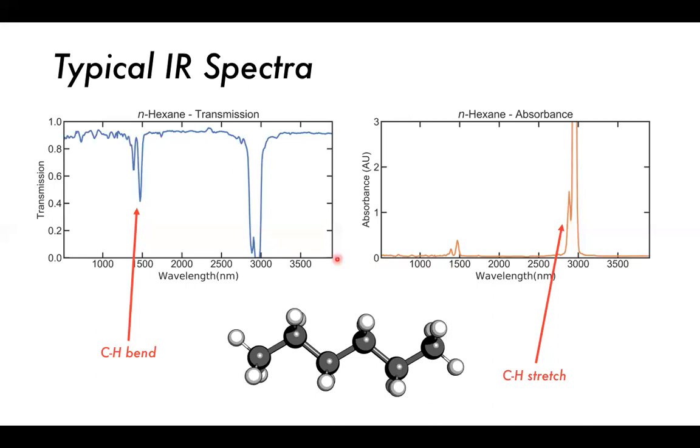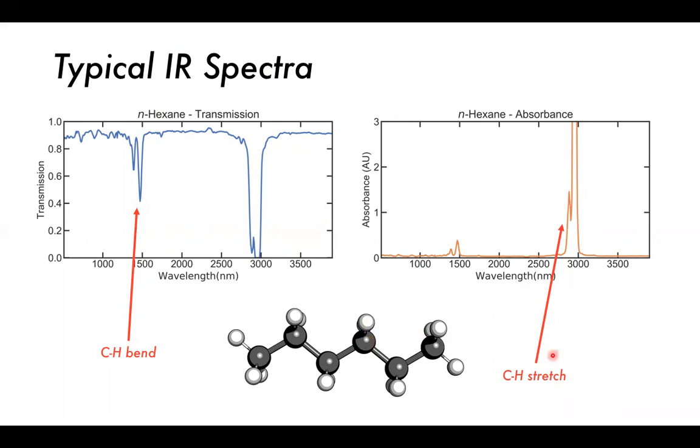So you can see the CH stretch is present. For example, if we wanted to view this stretch here, it's going to be much better in the absorbance spectrum, whereas if we've got the transmission spectrum, the CH band is going to be much better to view here. But both of these represent a CH stretch, a carbon-hydrogen bond stretching or bending.